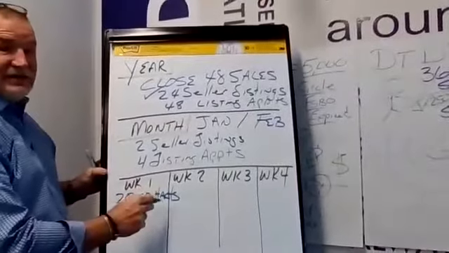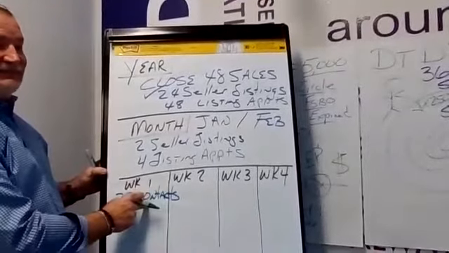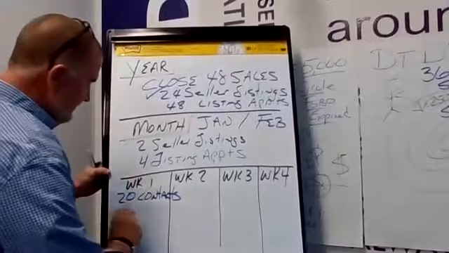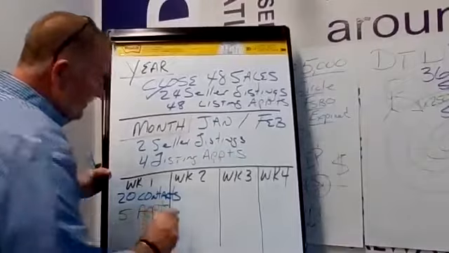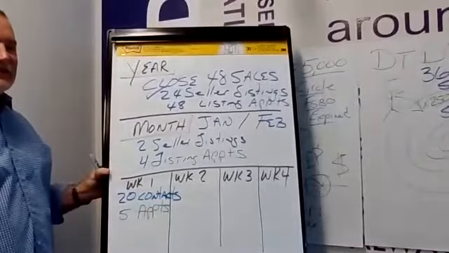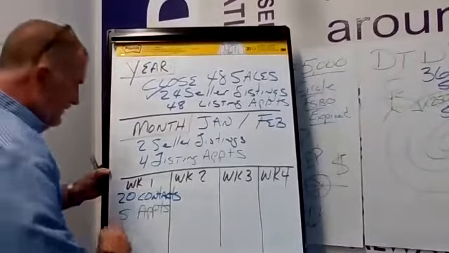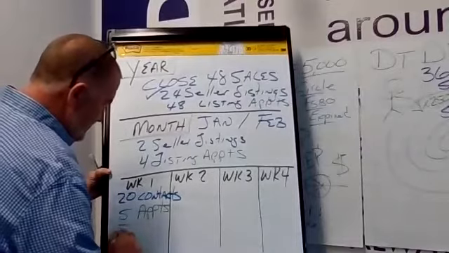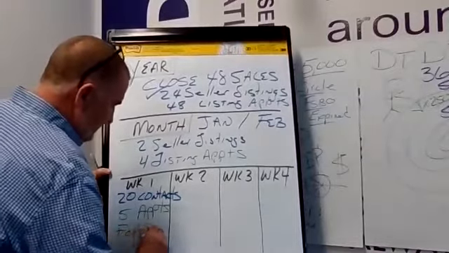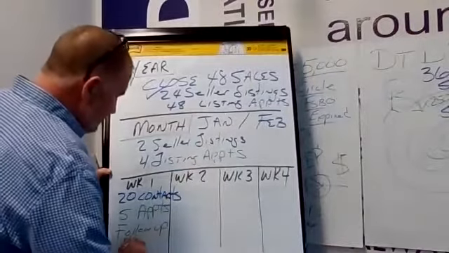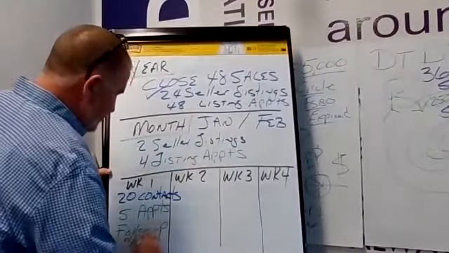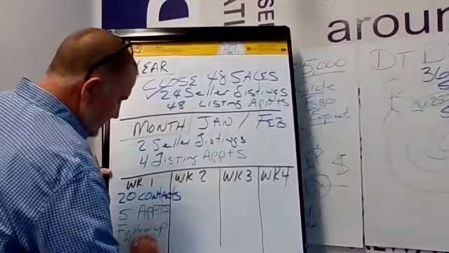Now, we doubled our goal because we had 20 conversations a day, activity. We went on 5 face-to-face appointments, activity. We followed up with, hit a number, 10 contacts.